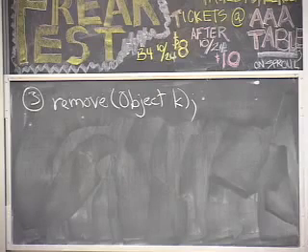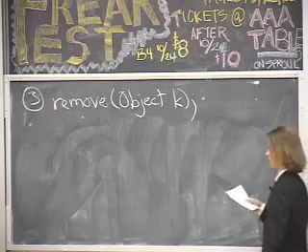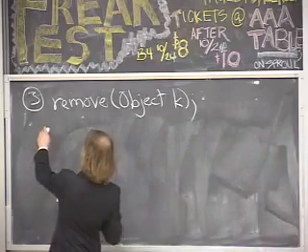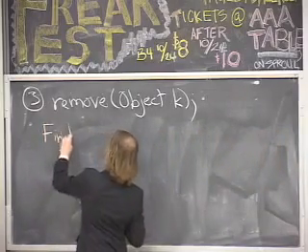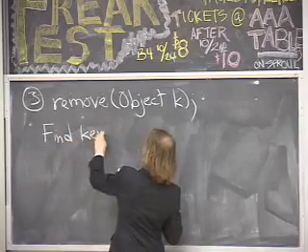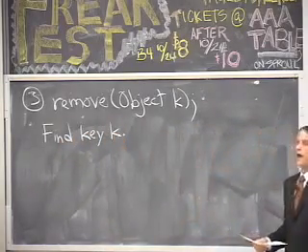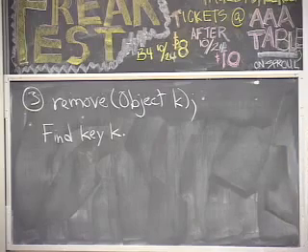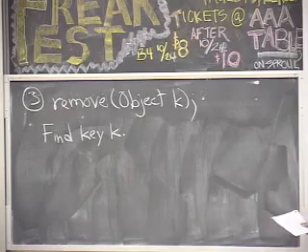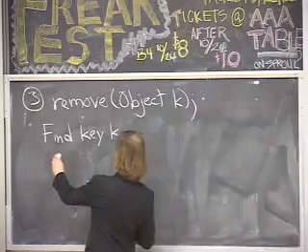And so remove acts a lot like find, except it removes the node instead of just returning it. So we start off by finding the key that we want to remove. And we're going to follow the same idea we used for binary search trees, which is if it's in a leaf, you remove it.